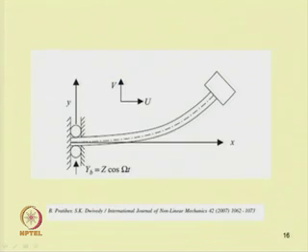Let us consider one more example, which was published in the International Journal of Nonlinear Mechanics by Pratihar and Dwivedi. Here a roller supported beam is considered, and we have to find the equation of motion. Considering a small section, one can write the potential energy, the strain energy of the system, and in addition it is subjected to a force in the vertical direction, so one can find this non-conservative work done also in this way.